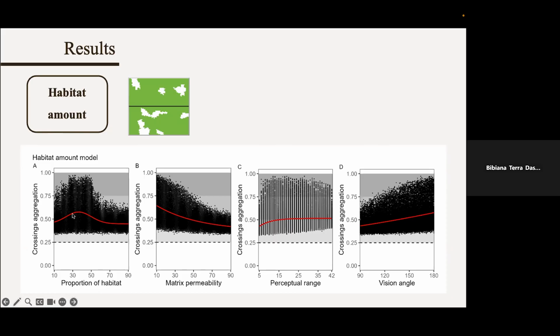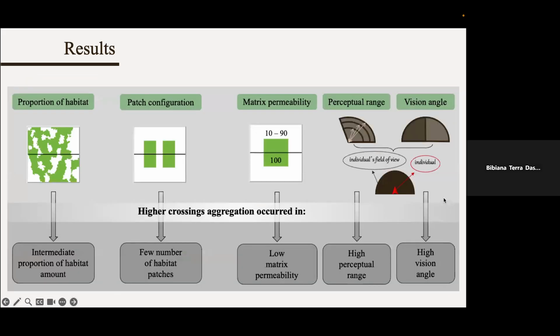The red line shows us where the crossings aggregation was higher. In a few words, our results were that we have higher crossings aggregation when we have an intermediate proportion of habitat amount, when we have a small number of habitat patches, when the permeability of the matrix was lower, so it is more difficult for individuals to move, and when their field of view was higher, so high perceptual range and higher vision angle.